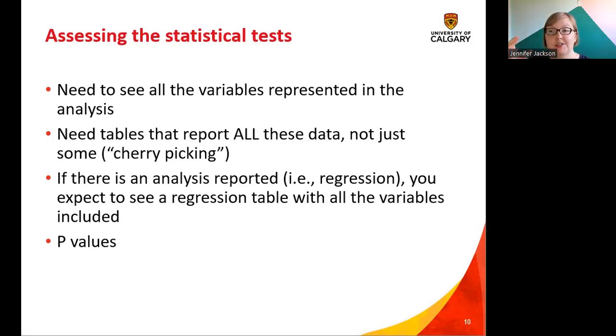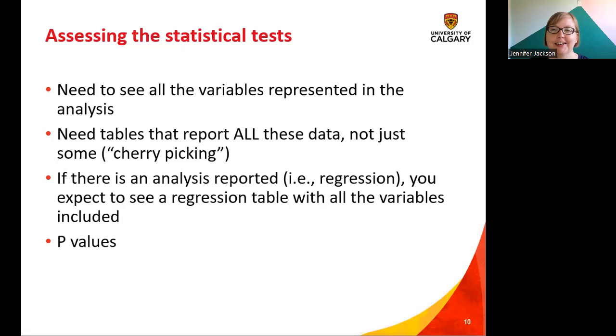So the other 70% was based on other things that we didn't detect in this analysis. So if you see a regression analysis, you would also expect to see all the variables that the authors have identified in that regression, or an explanation saying we left these variables out.